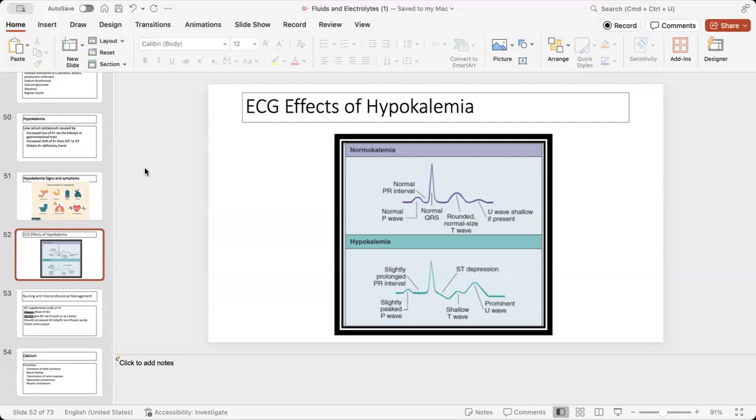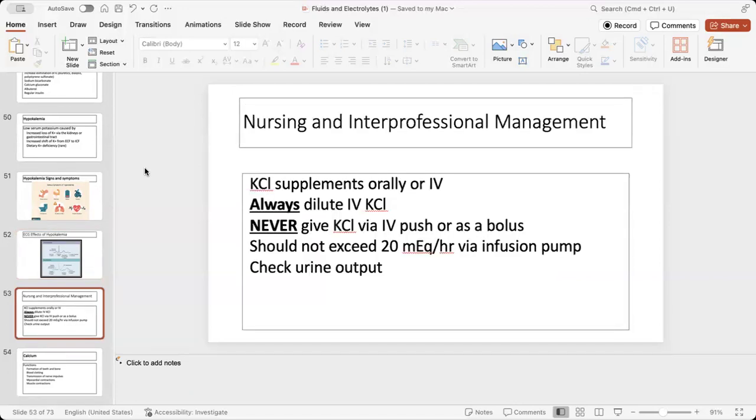All right, so how am I going to treat low potassium? Potassium, such as foods or supplements. And we get IV supplements. We talked about that, right? We're going to dilute it.